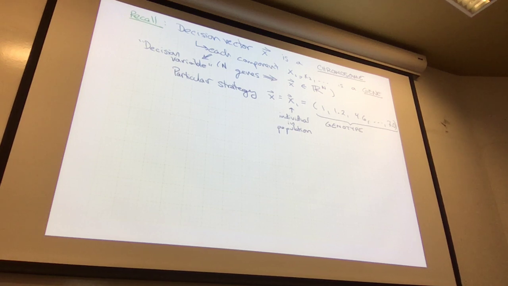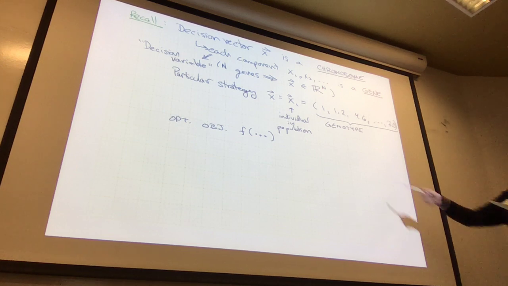And so I'm going to introduce a few other terms here. Our optimization objective, and in this case, we're going to say we just have one, but later on we'll have multiple simultaneously, I'm going to call a character. And what do I mean by a character?